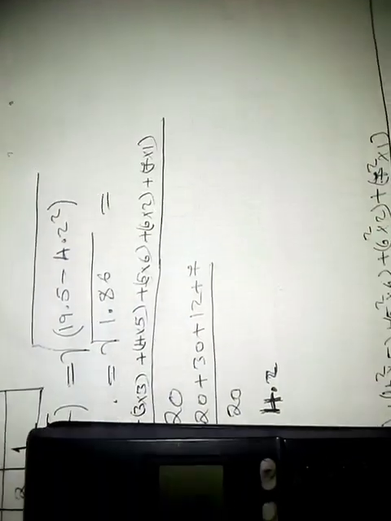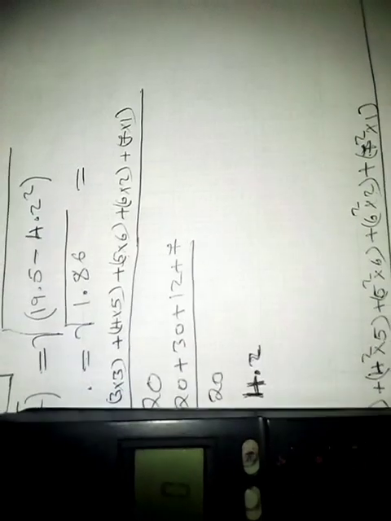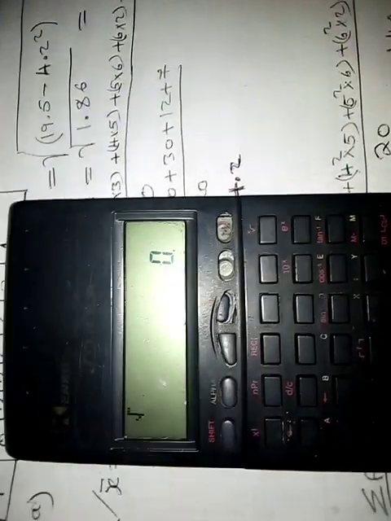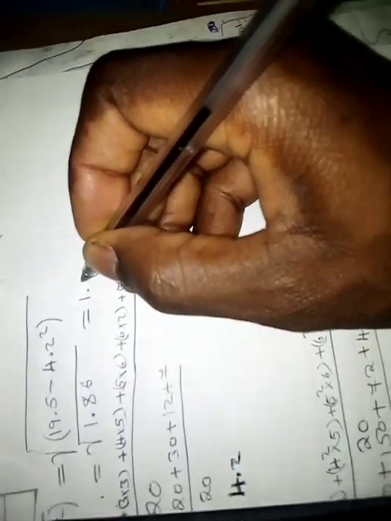Then we need to take the square root of the answer. So you see that the square root of 1.86 is equal to 1.3.